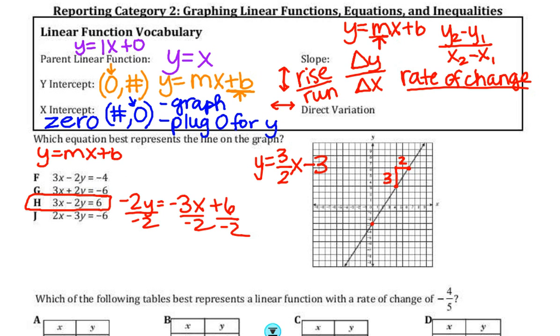Real quick, when I solved, I subtracted the 3x to the other side, and then I divided everything by -2. So remember right here, a negative divided by a negative gives us a positive 3/2, and then right here I'll get that -3. Alrighty.